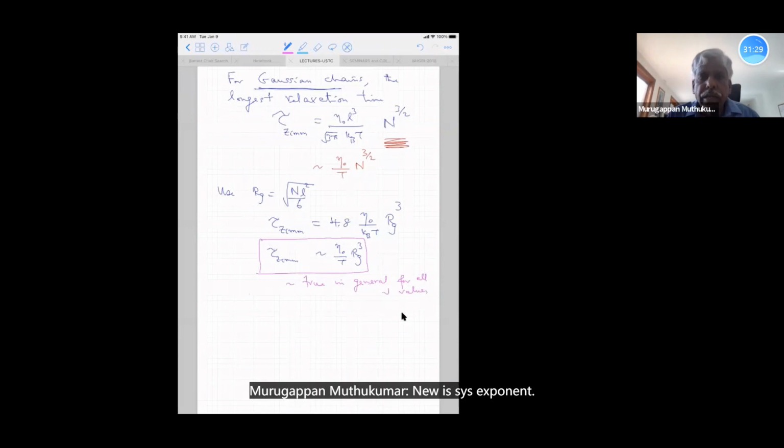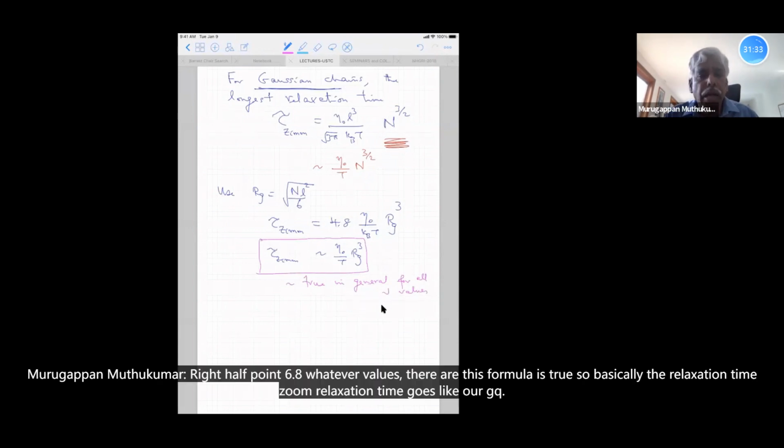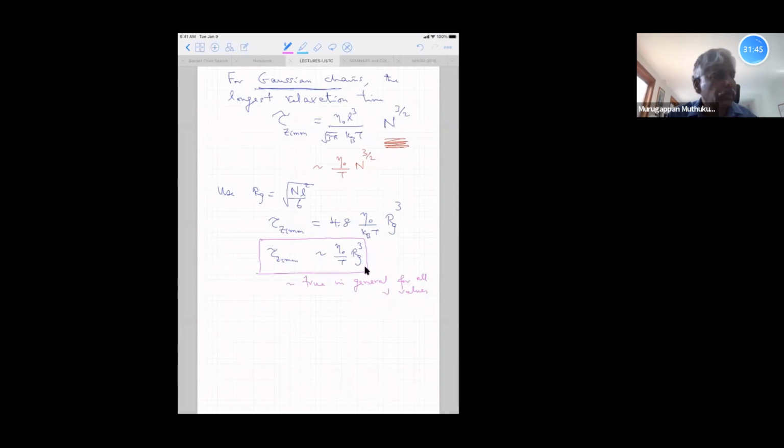Nu is the size exponent, right? Half, 0.6, 0.8, whatever the value, this formula is true. So basically the Zimm relaxation time goes like Rg cubed. Okay.